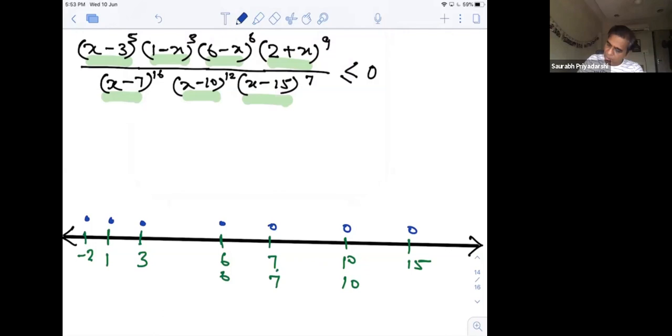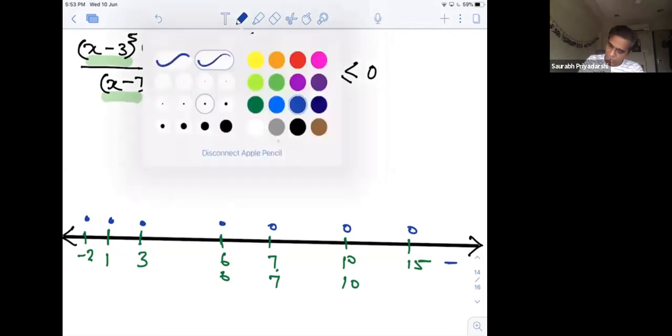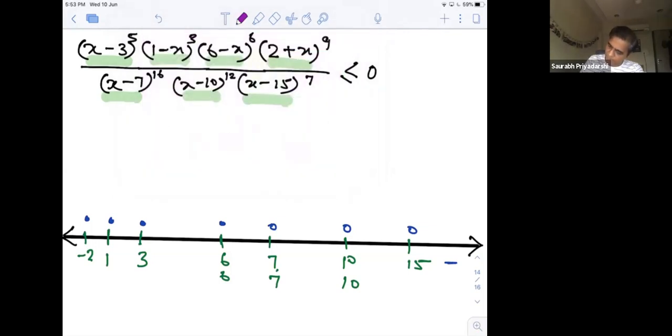So this will start with negative, right? It has to start with negative. It will not change. It will not change. It will change.